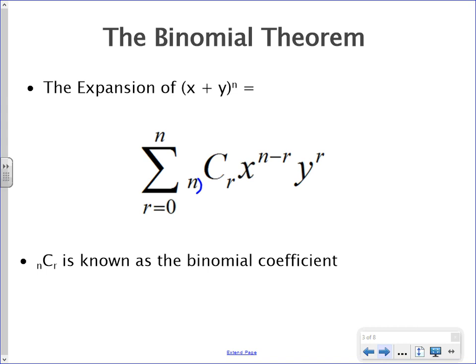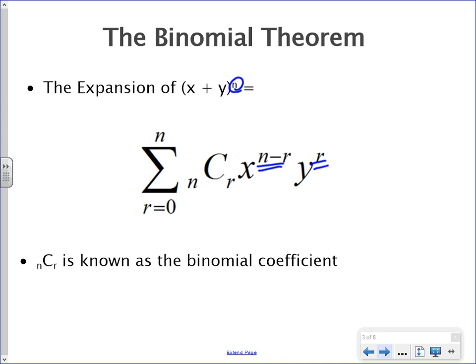What's going to happen, this is always going to be whatever this number is. You're going to start with 0 here, and then you're just going to increase by 1 with each term until you get to n combinations of n. Okay? These exponents right here will always add up to be what? N, okay?